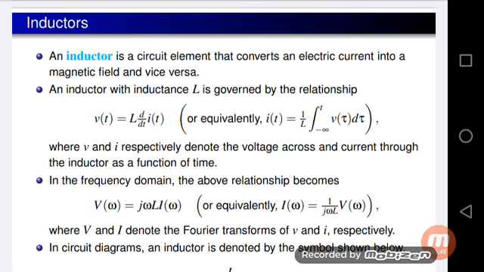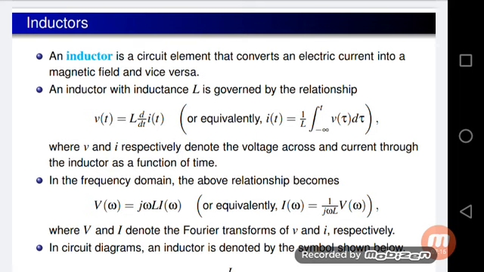That means it is generally used in transformers, step up and step down transformers, and also in several electronic equipments for balancing or converting the flow of current from one form to another form. That is the overall concept of inductors.